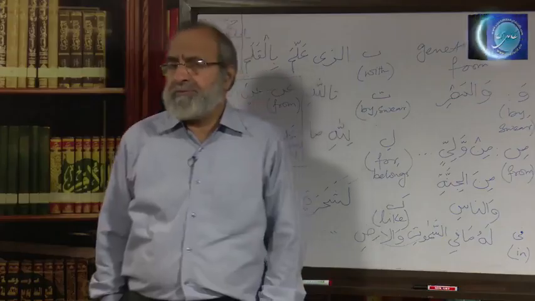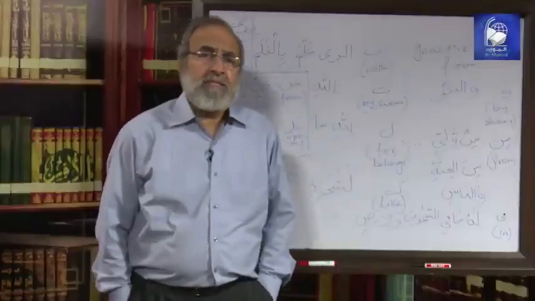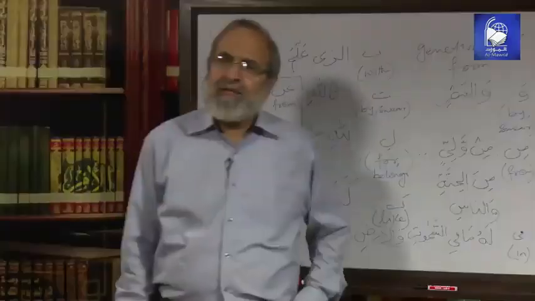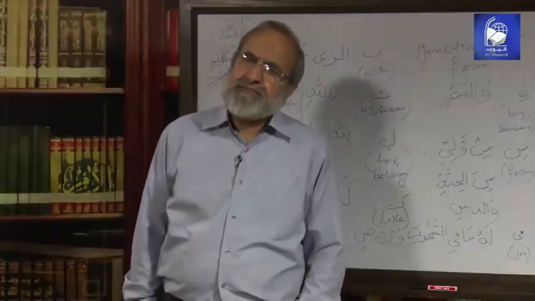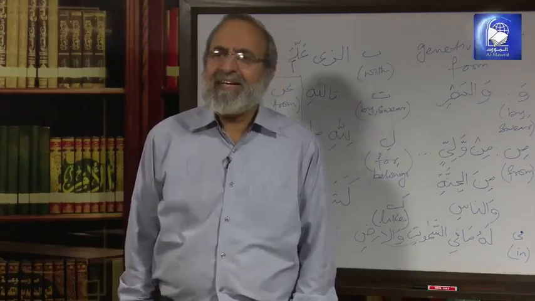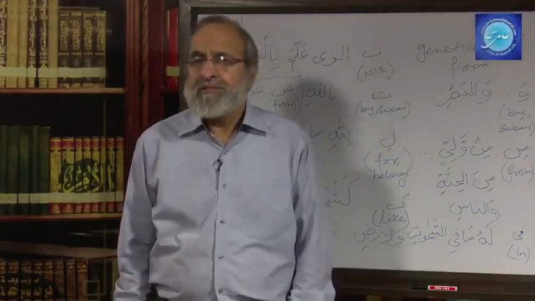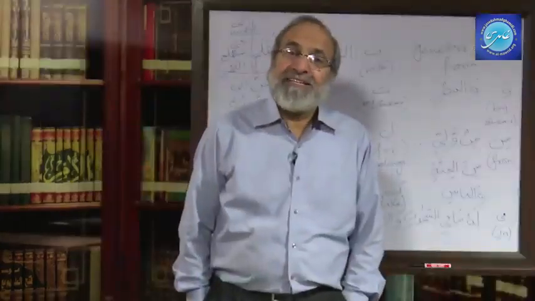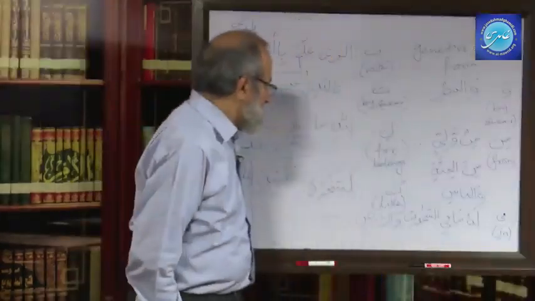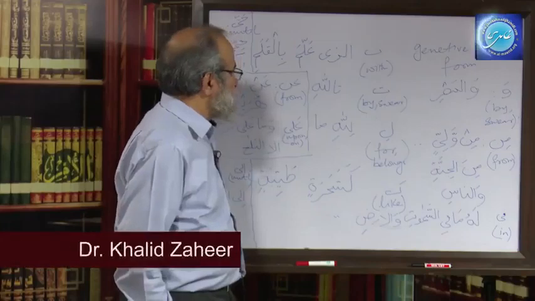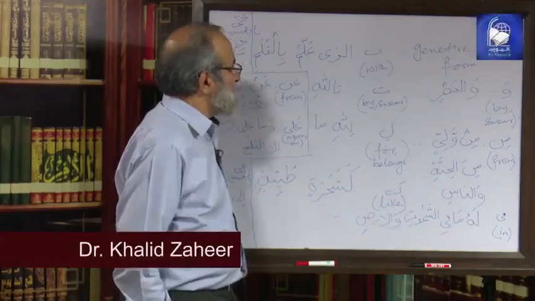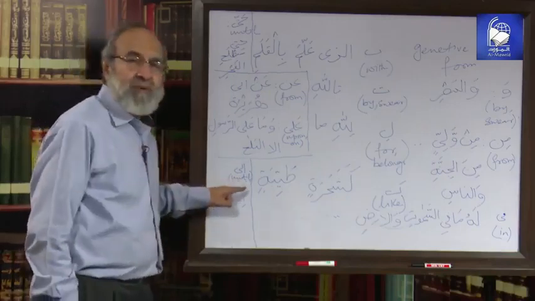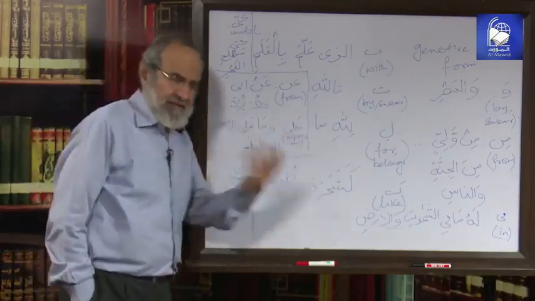So, for example, daraba Zaidun Khalidan that we studied, daraba doesn't need any preposition, but we shall see later that if you say zahaba Zaidun ila al-masjid, Zaid went to the masjid, zahaba needs ila. The same ila which we have done over here is the one which also appears with zahaba as a preposition. And there are many other examples.